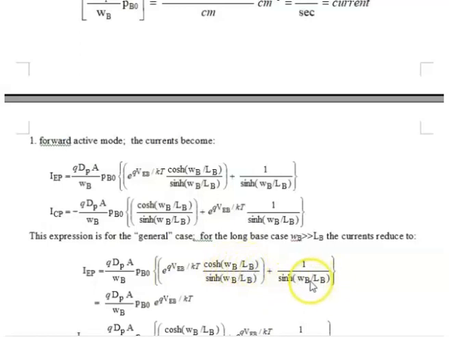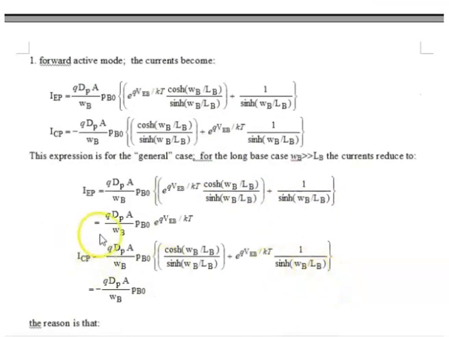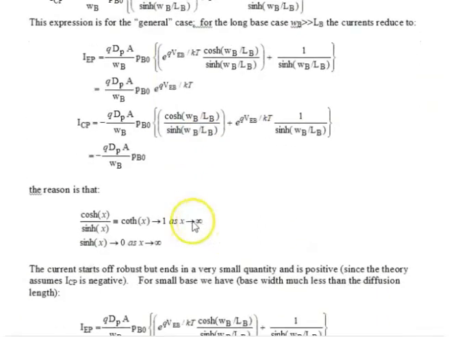I'm going to claim that the whole thing reduces to the coefficient multiplied by q e to the q VEB divided by kT, and the reason is that the hyperbolic cosh divided by the hyperbolic sinh, which is the definition of the hyperbolic cotangent, goes to 1 as x goes to infinity.